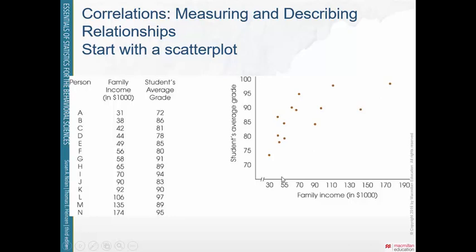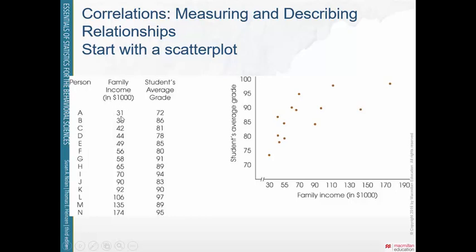Here's an example of a correlation. And we usually start with a scatter plot, which is this type of plot here, but let's take a look at what our data looks like. In this case, we're looking at family income and its relationship to students' average grade on a test. So you can see here are people in our studies. Person A, their family income is $31,000.